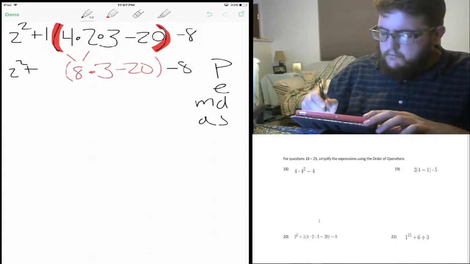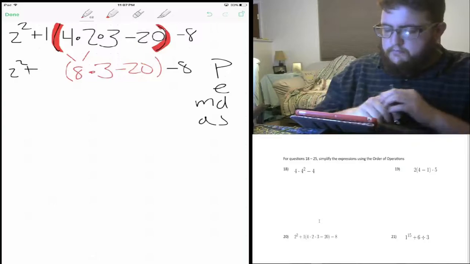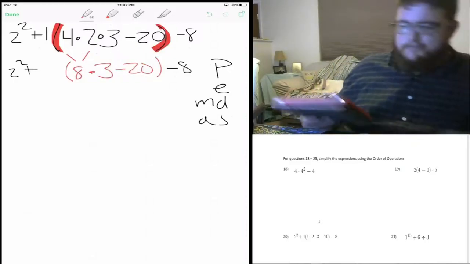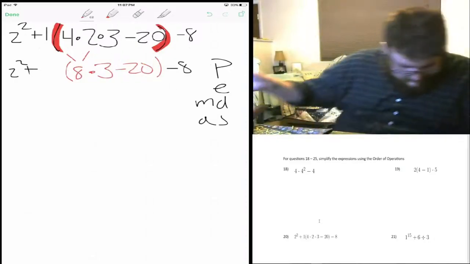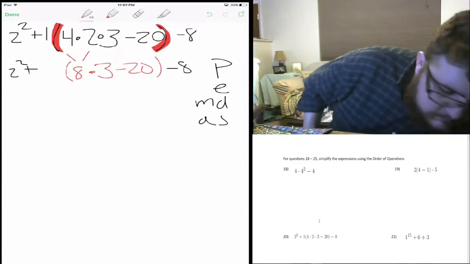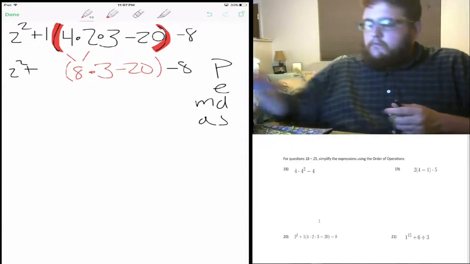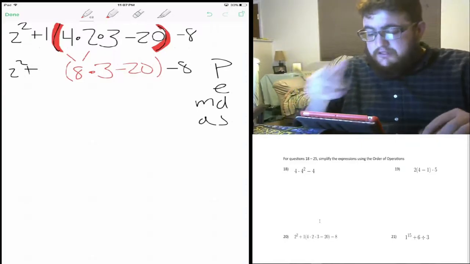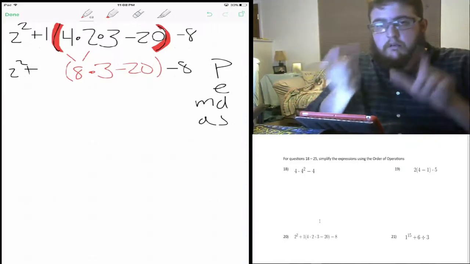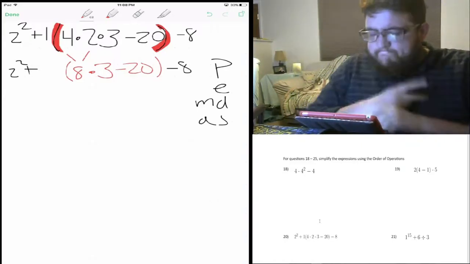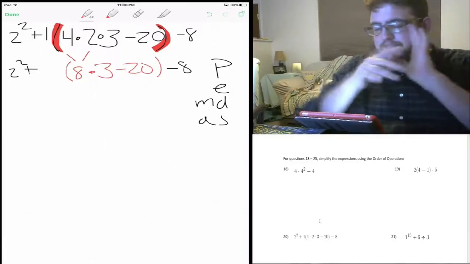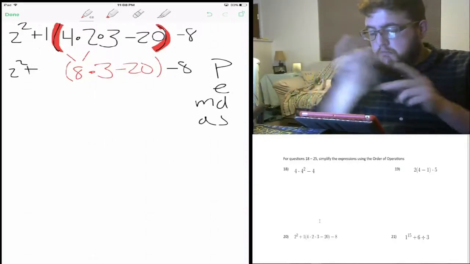Notice we still have more multiplication in there, so again we're going to scan from left to right within the parentheses, searching for any more multiplication, because there are no parentheses within our parentheses and no exponents within our parentheses.